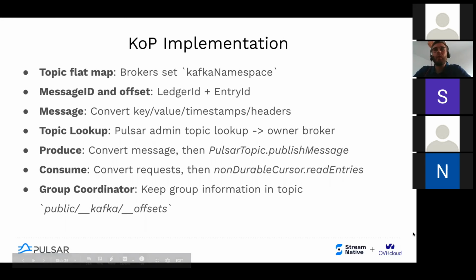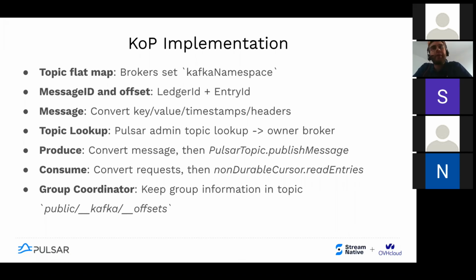So what did we do? How is it working underneath? We are using the topics from Pulsar. To simulate offsets and message ID, we are using internal information from BookKeeper, which are called the ledger ID and the entry ID.